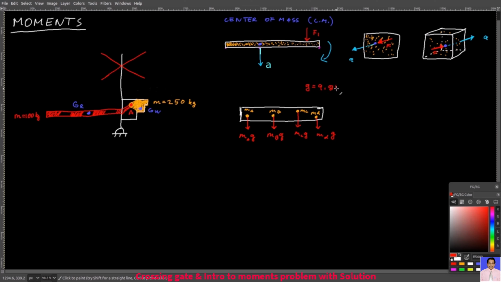Remember, it's 9.81 meters per second squared. So the force of gravity of each molecule is the mass of the molecule times G.